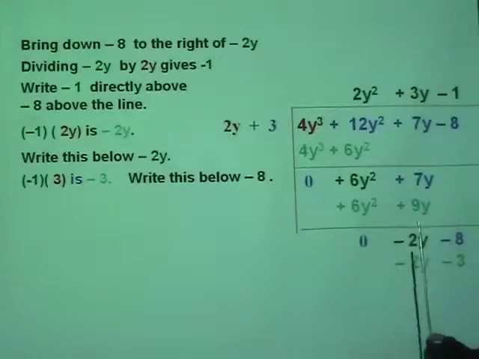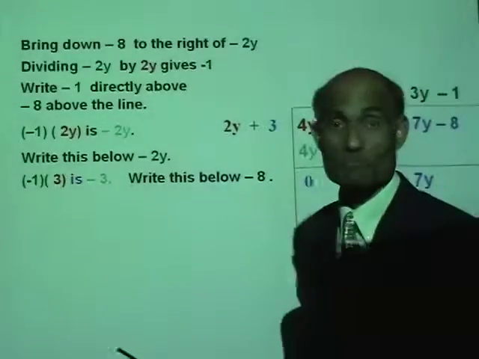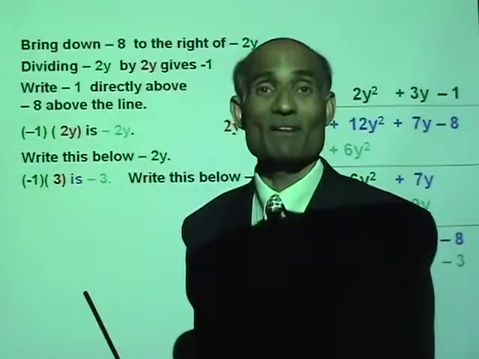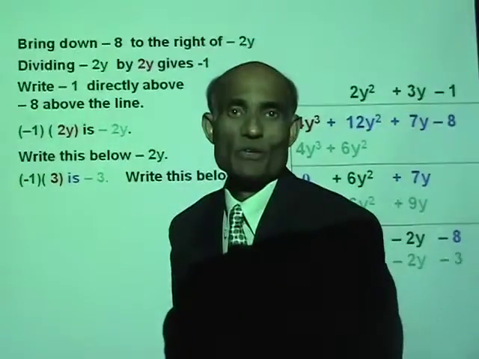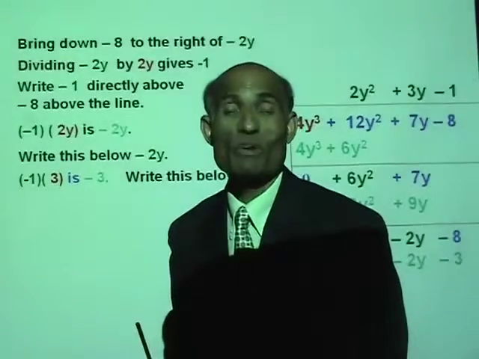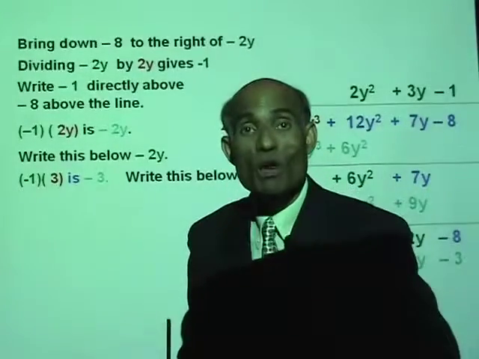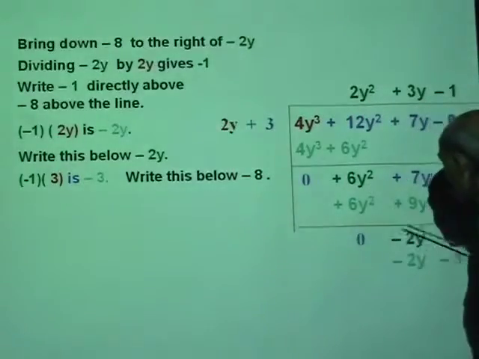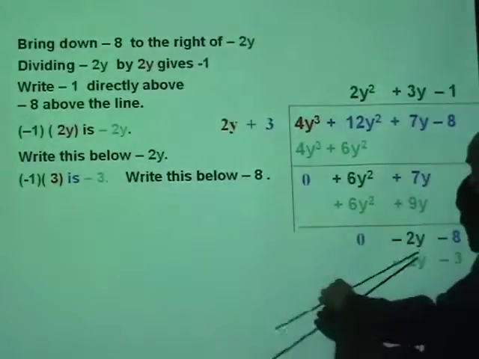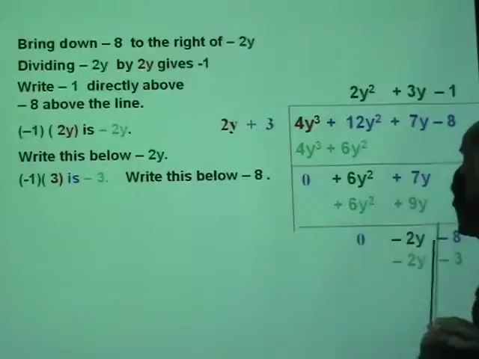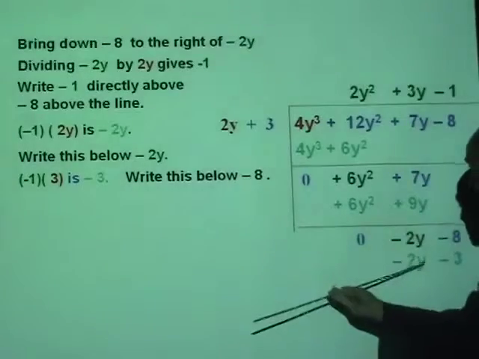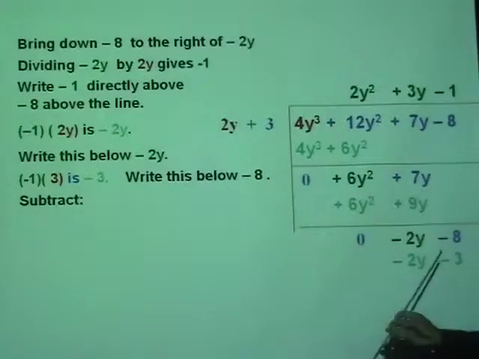Okay, we will now subtract terms below from terms above. You need to take care when you subtract terms below from terms above. For example, what is negative 2y minus negative 2y?